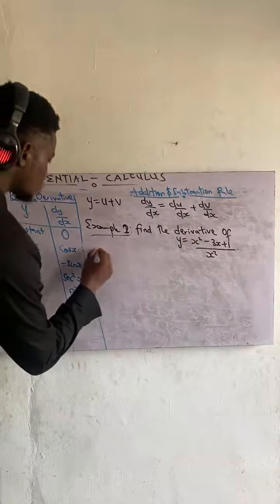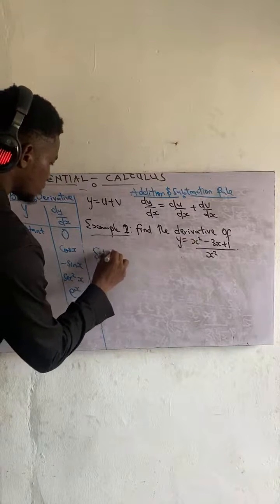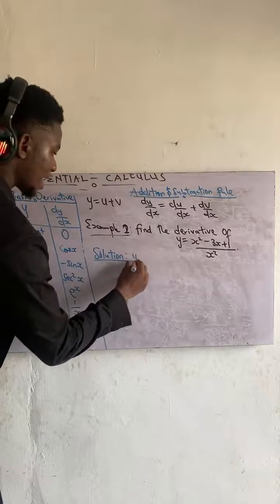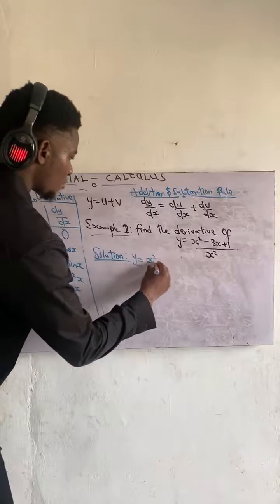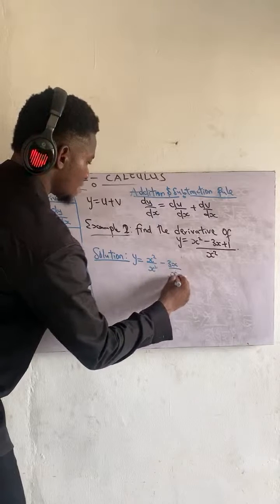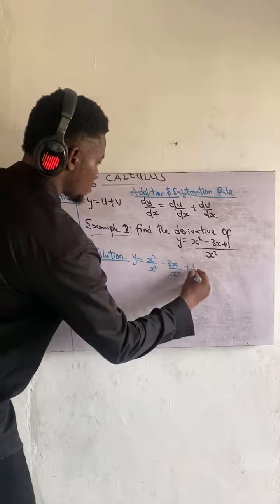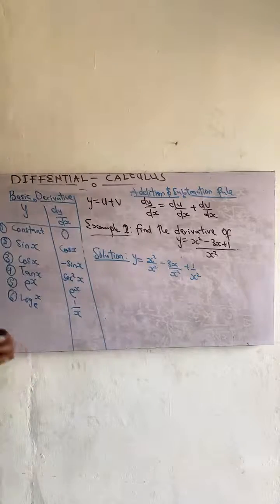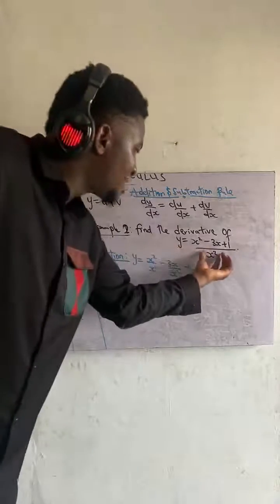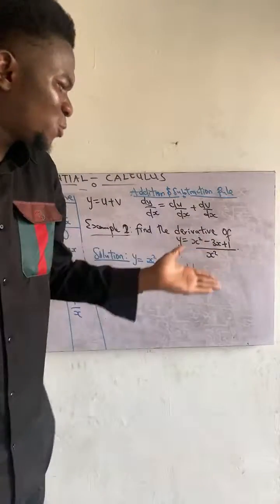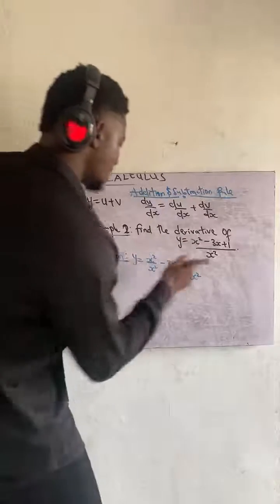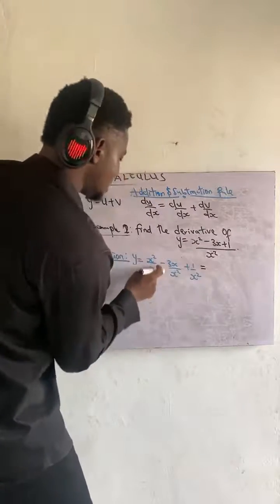So you just write solution, then y can be x squared over x squared minus 3x over x squared plus 1 over x squared. Do you get that? Just use the denominator to simplify.